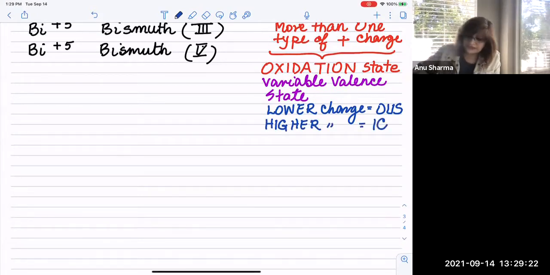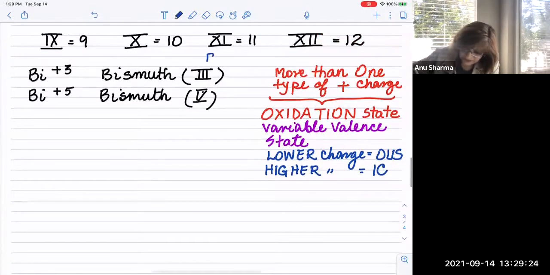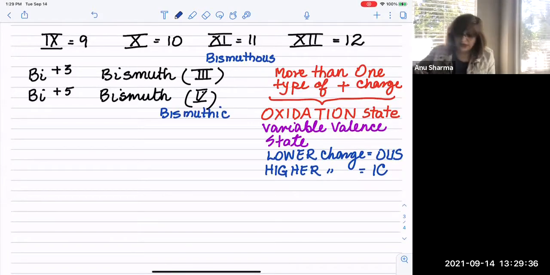So this becomes bismuthous, and this becomes bismuthic. This -ous relates to a lower state, and this -ic relates to a higher state.